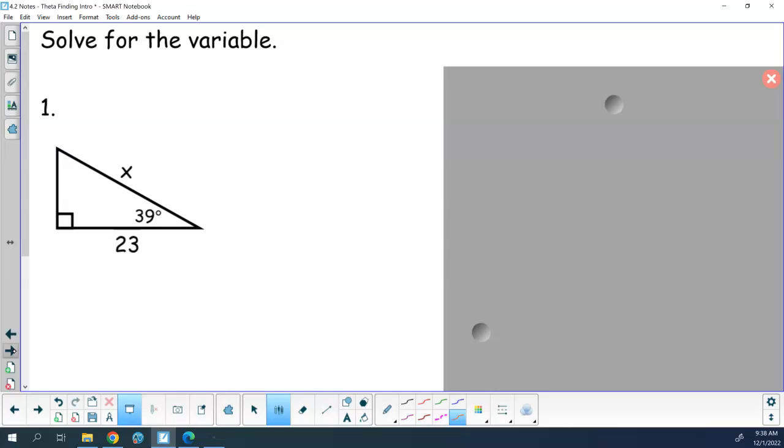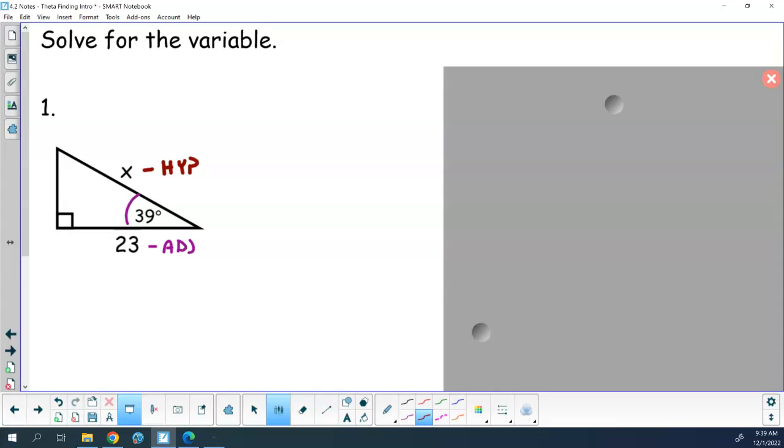We have an angle. That angle is right here. What do I have in terms of the sides then? We have the adjacent, and we're looking for the hypotenuse, right? So which one deals with adjacent and hypotenuse? Cosine. Okay?